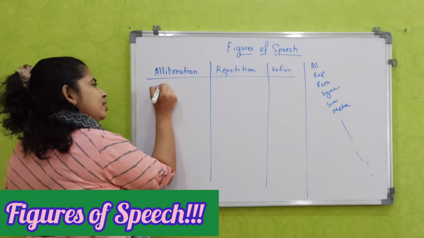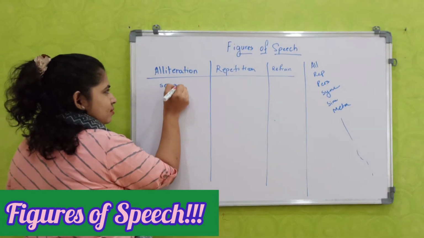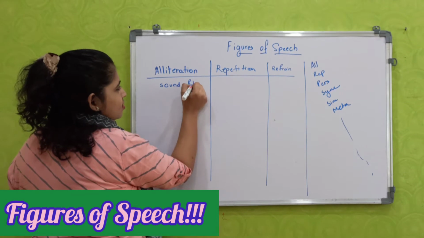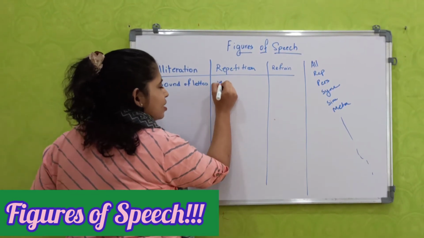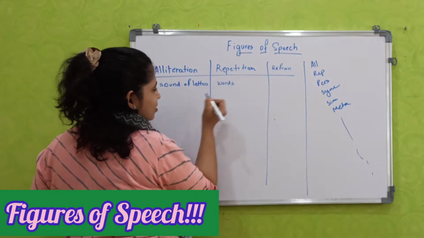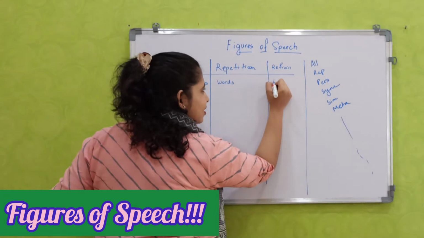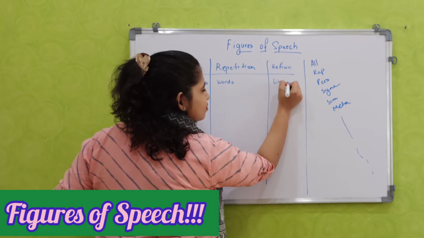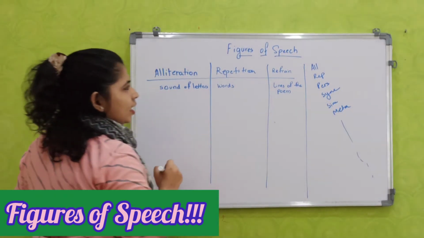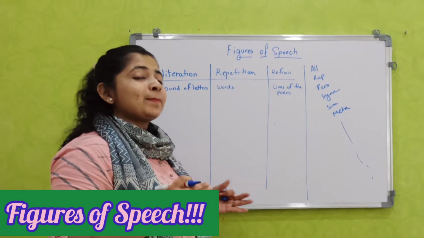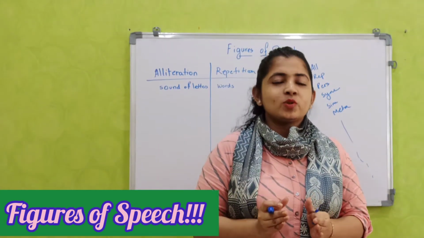Here only the sound of letters is repeated. Here the entire words are repeated. Here the entire lines of the poem are repeated to give that pacing effect to the poetry.